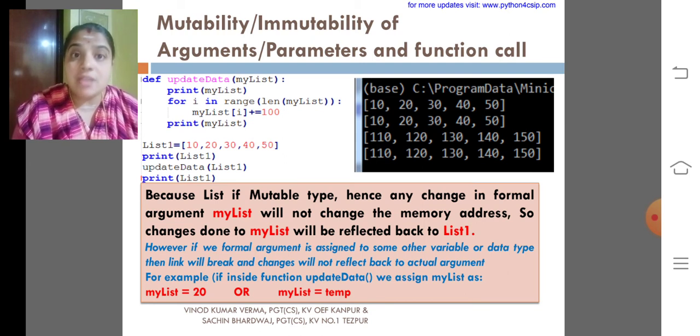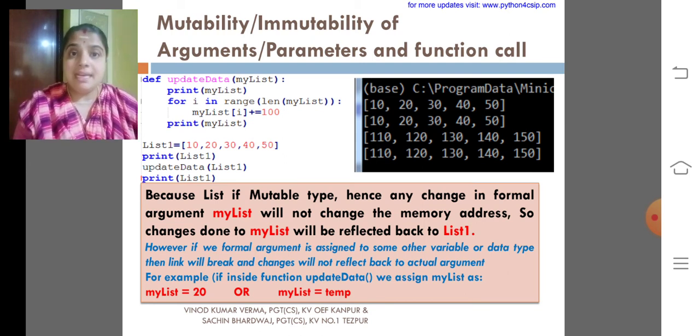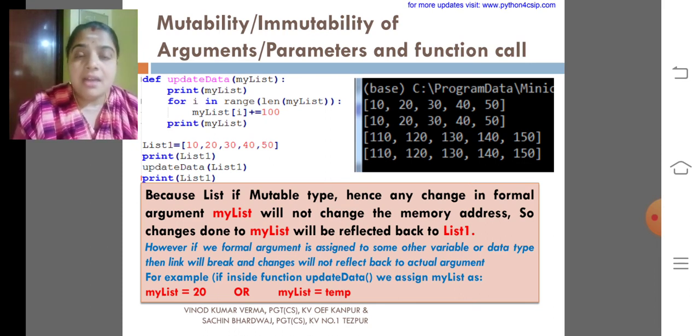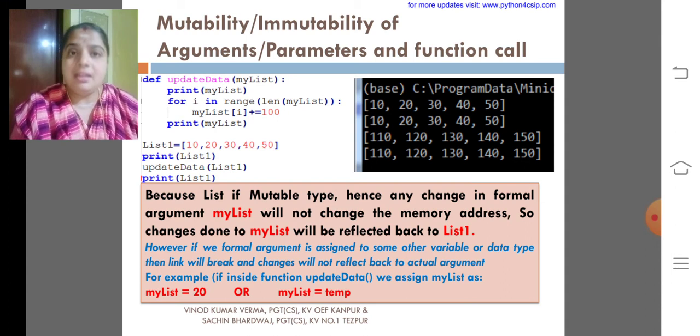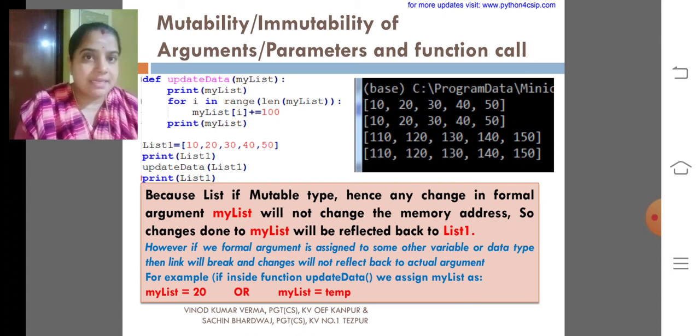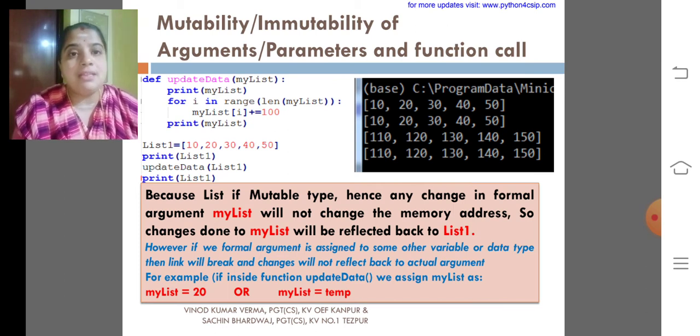So here I changed the list values of myList. In list 1 I have 10, 20, 30, but in myList the interpreter now has 110, 120, 130 etc. So again I am trying to print the same list, myList, and I will get 110, 120, 130 till 150 on the output screen.